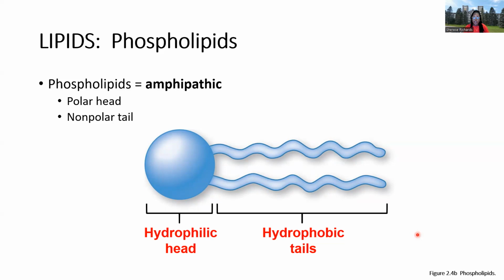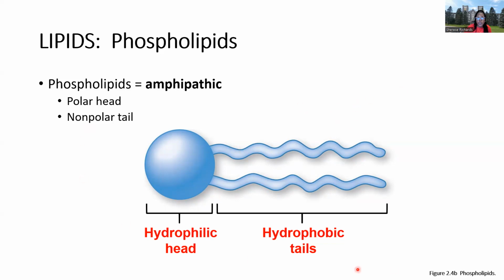So the polar heads are facing the watery or aqueous environment, which would be the inside of the cell where we have the cytosol, but also the outside of the cell where we have the extracellular fluid. And then the non-polar fatty acid tails are going to be facing each other.